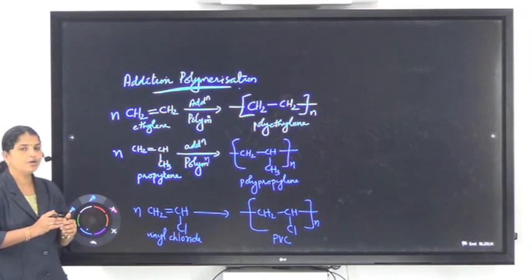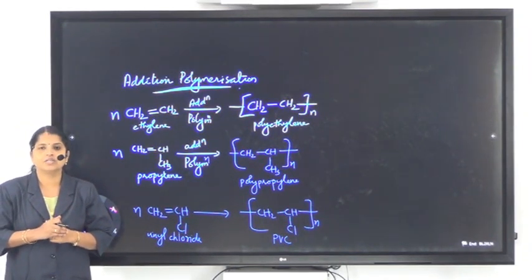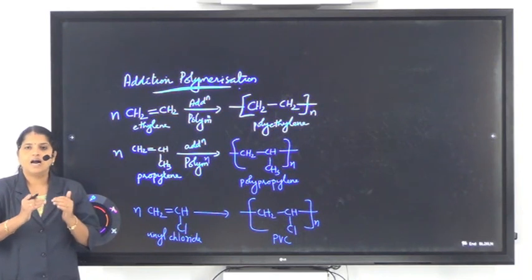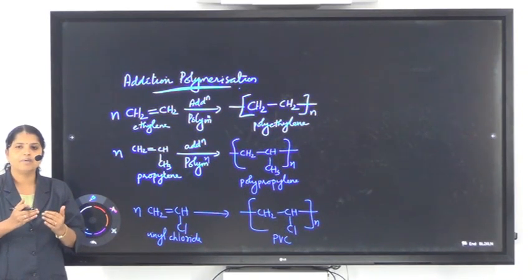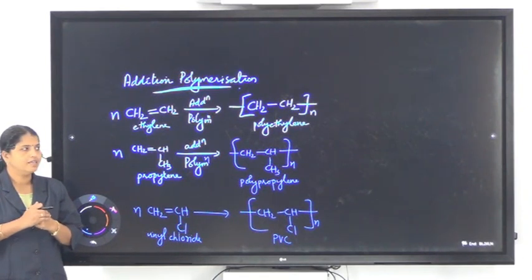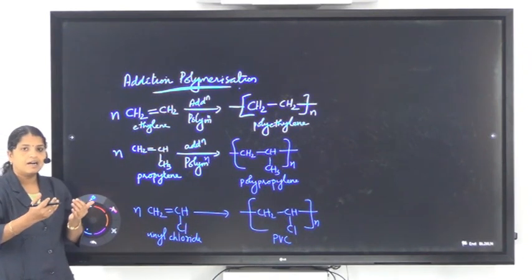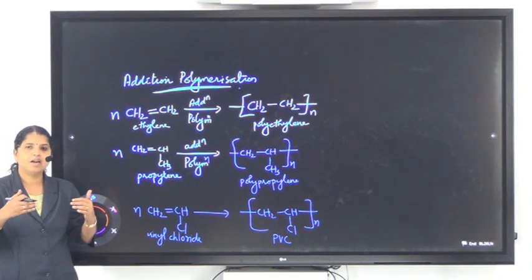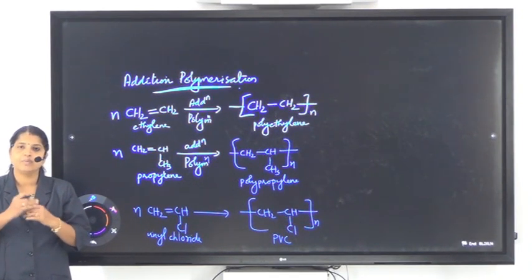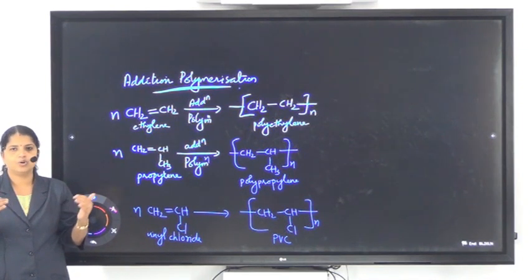In order to undergo an addition polymerization reaction, the monomers must contain unsaturated sites. These unsaturated sites can be broken by using some initiators. That produces free radicals and ions, and by using these free radicals and ions, a simple addition of monomer units takes place, and thus the chain grows.